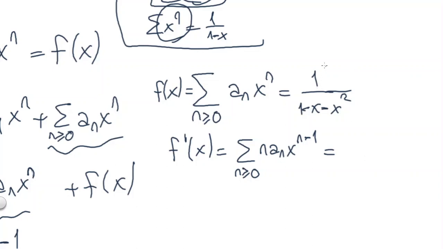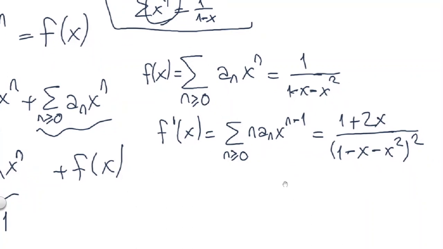This is the derivative of a division. So this is the first one's derivative times this, minus this one times this one's derivative, which will be minus 1 minus 2x, but it will be minus plus. So this is just 1 plus 2x over 1 minus x minus x squared, and I have, of course, this thing squared.